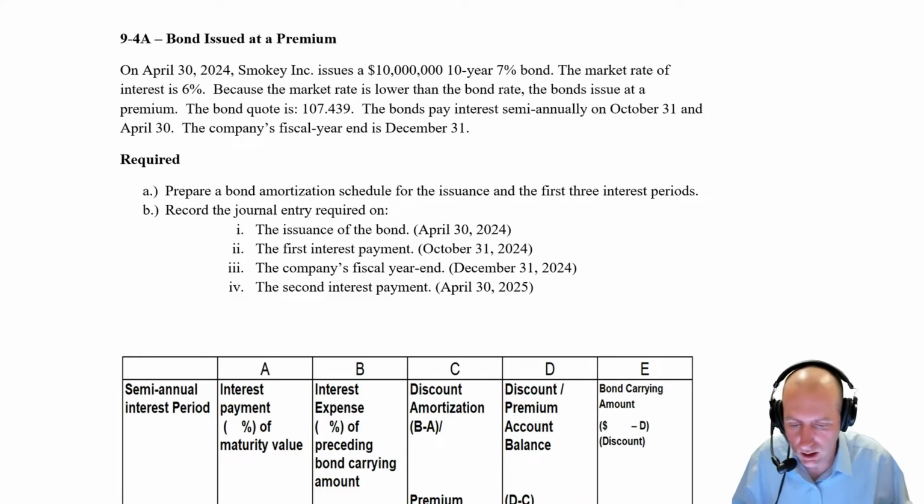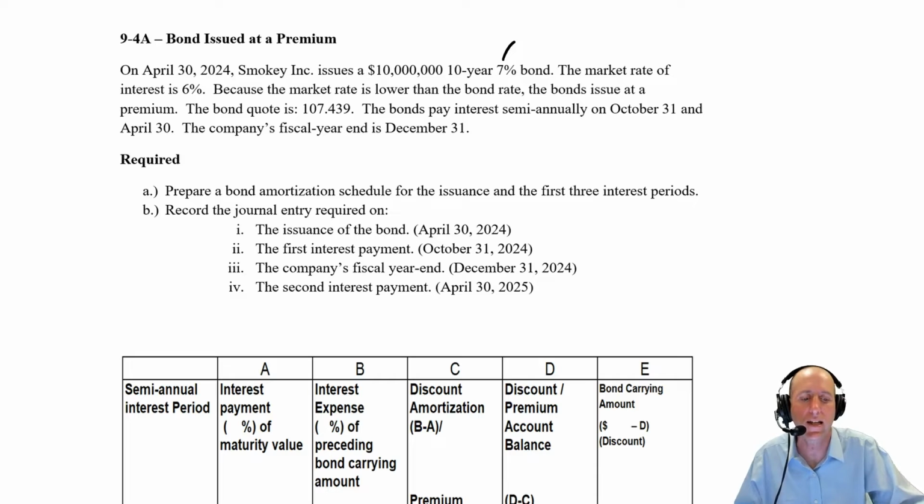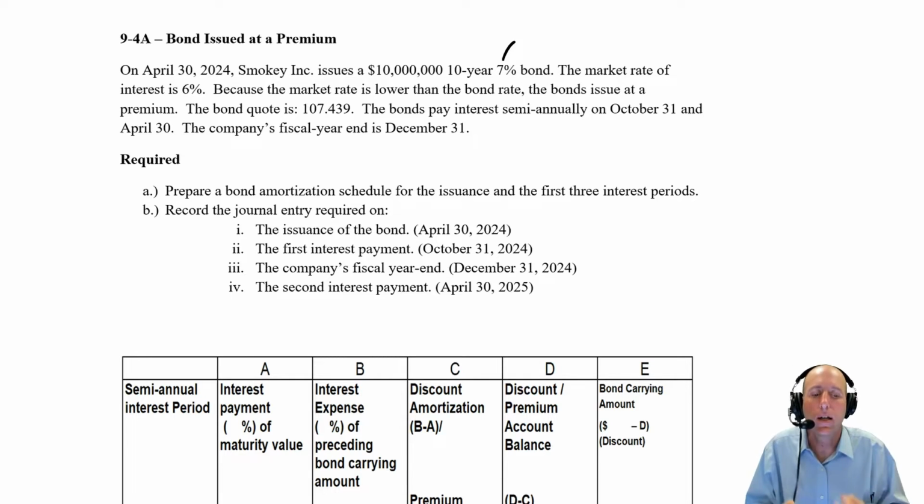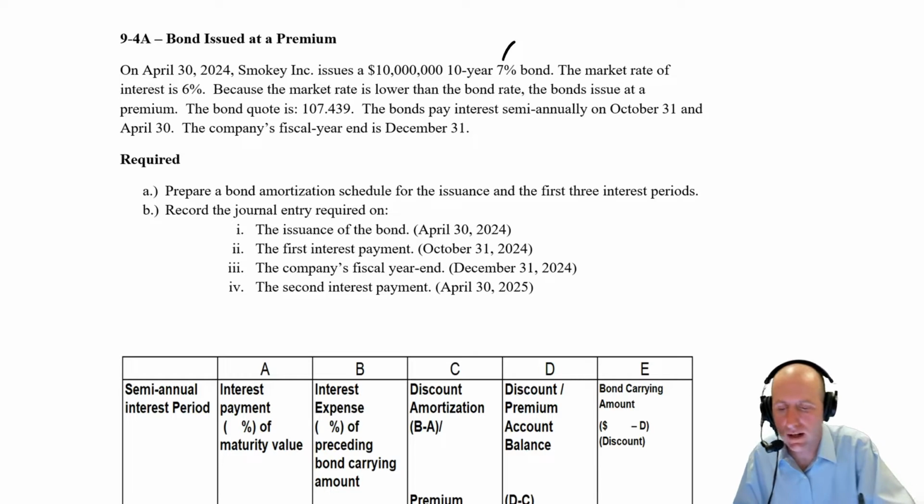On April 30th, 2024, Smoky Inc. issues a $10 million 10-year 7% bond. So we're giving 7% annual interest, 3.5% semi-annually. That's the interest we're giving to our bond purchasers, the people loaning us money. The market rate of interest is 6%.